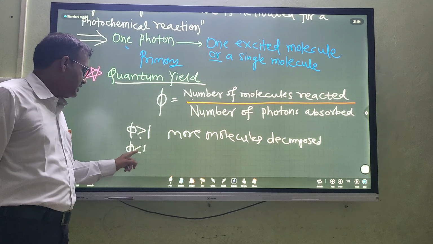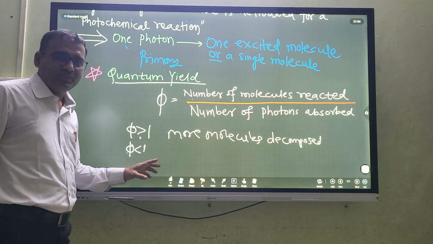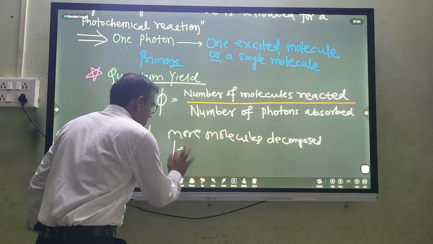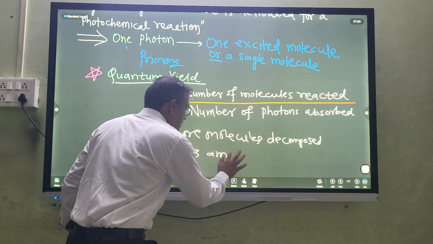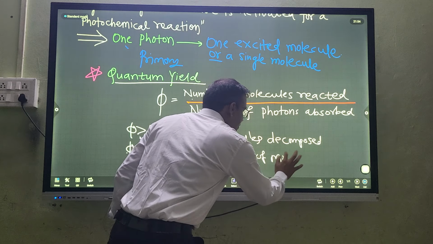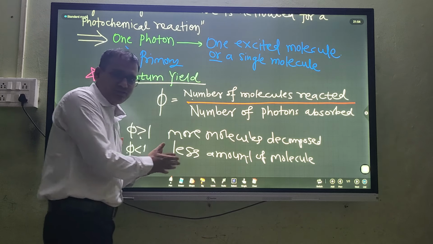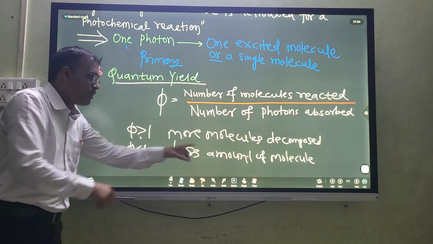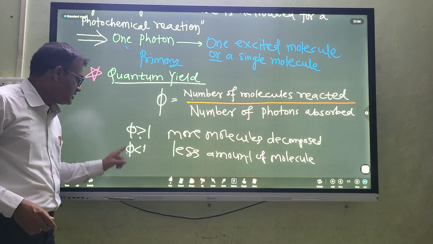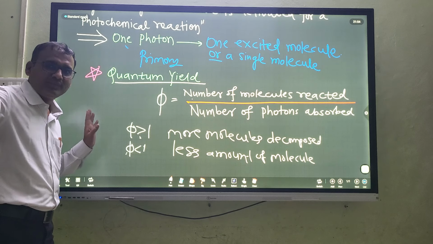And if the quantum yield is less than 1, at that time a lesser amount of molecules is decomposed by the photons. That is, this value is less than 1.